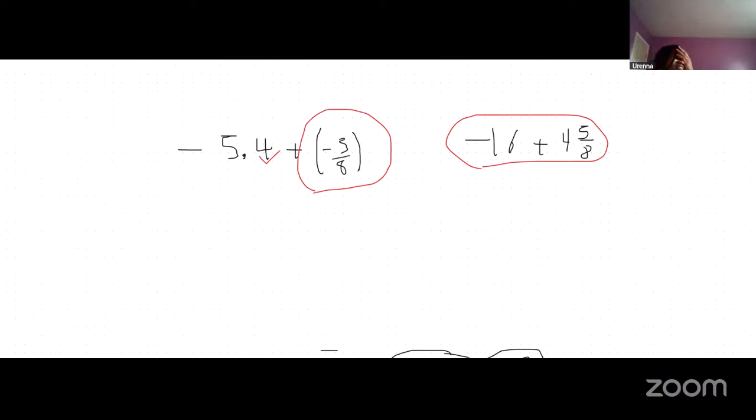I'm almost done. I think I'm good at mental math. So what's your answer?